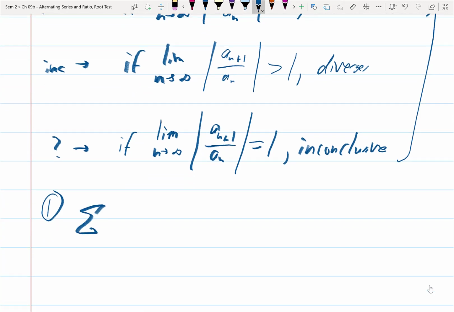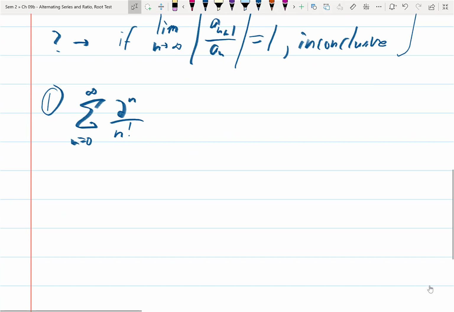So let's do an example. The sum from n equals 0 to infinity of 2 to the n over n factorial. So I said exponentials and factorials are where you use the ratio test. Note how we really can't use any other test on this.